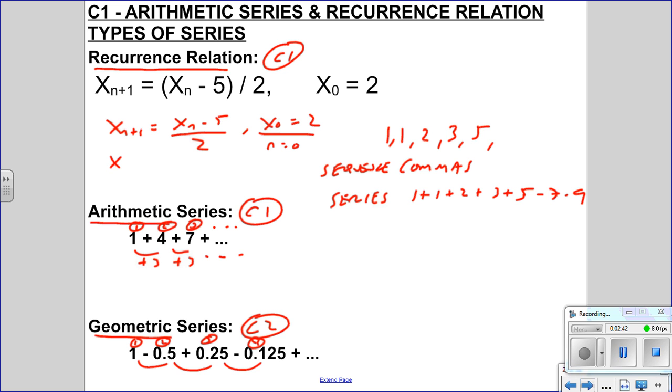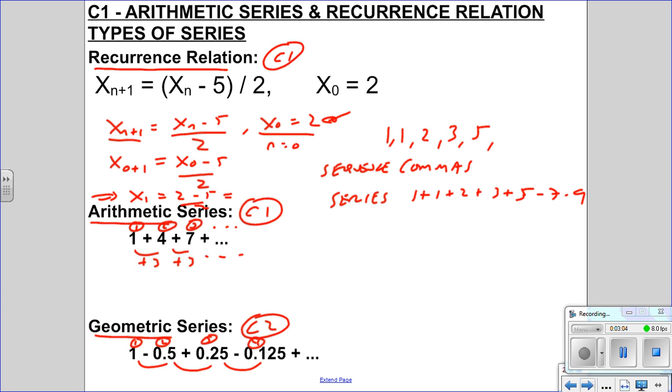So if we want to find x1, that's the same as saying, well, x0 plus 1, that's here. So that's term 1 is your xn, which is x0 minus 5 over 2. So therefore we get x1 is x0, which is 2 from here, minus 5 over 2.